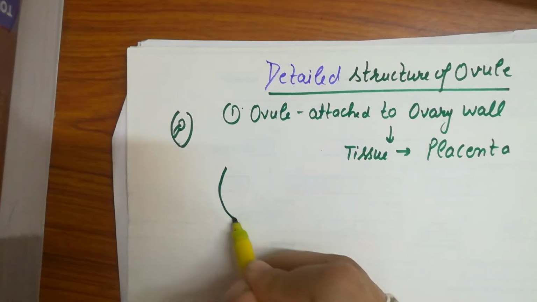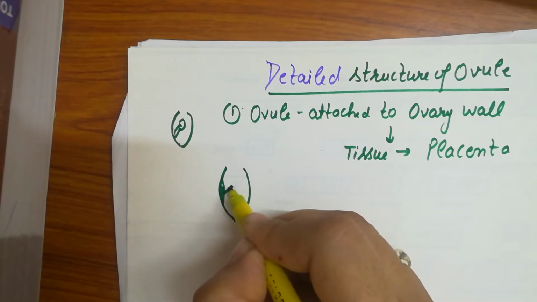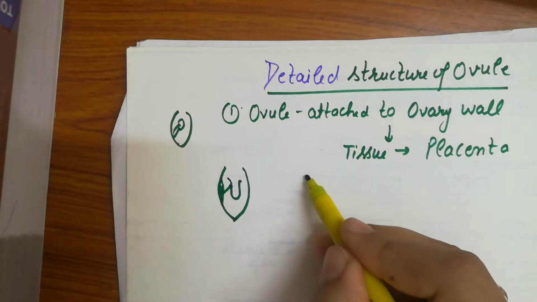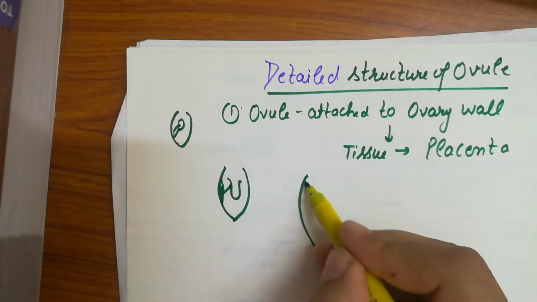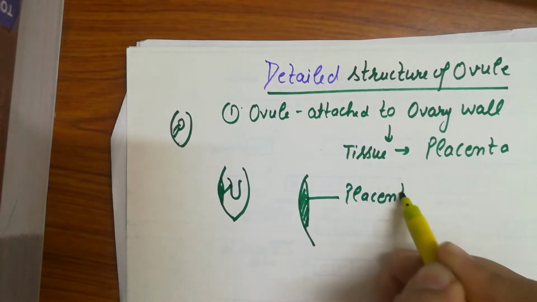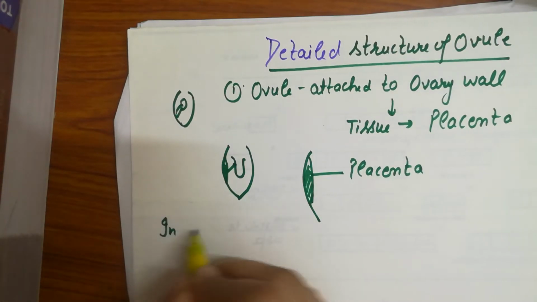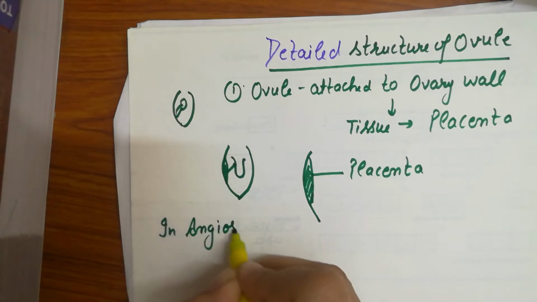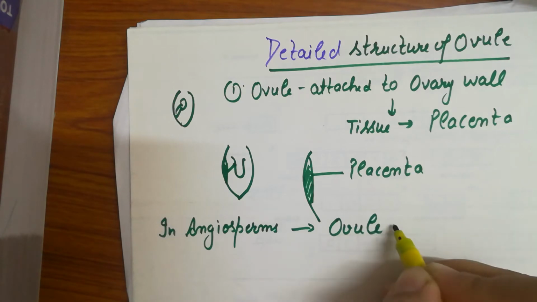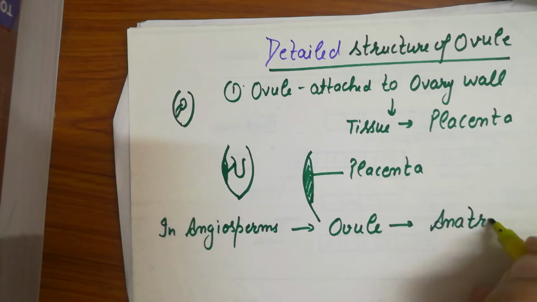If this is the ovary, then here is the tissue to which the ovule is attached, and this kind of tissue is known as placenta. Now, because we are talking about flowering plants, in angiosperms the kind of ovule present is anatropous.